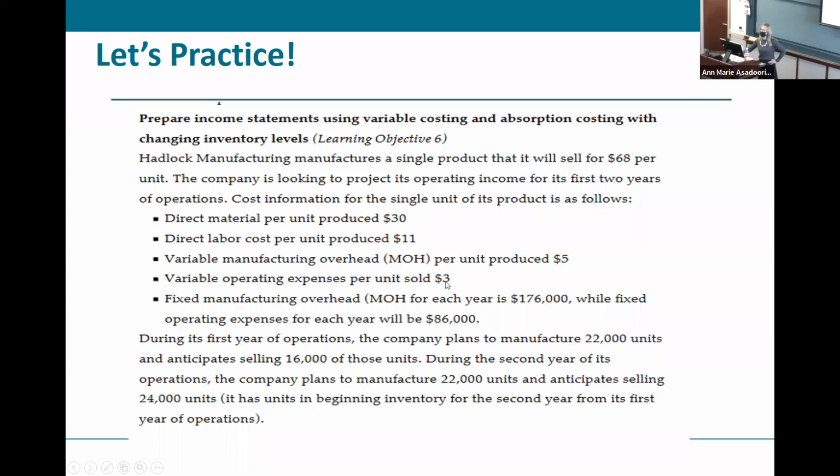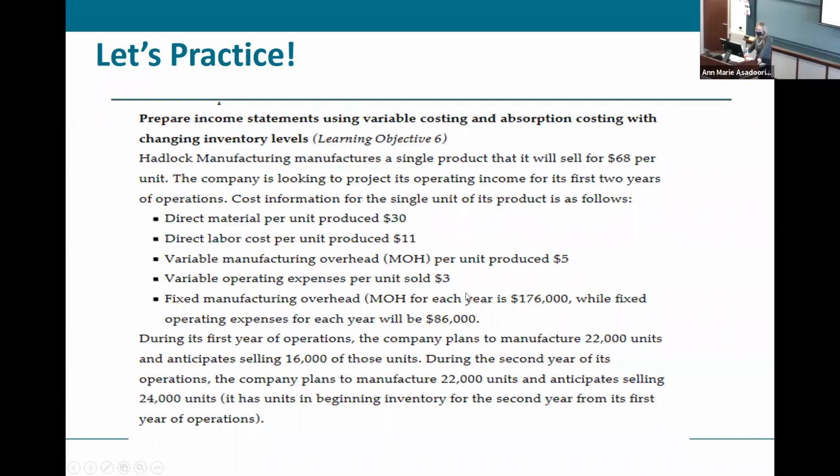Variable operating expenses are $3 per unit. And then fixed factory overhead is given to you in total for $176,000. Okay. And then here's your fixed operating expenses. So during the first year of operations, the company manufactures 22,000 units and anticipates selling 16.